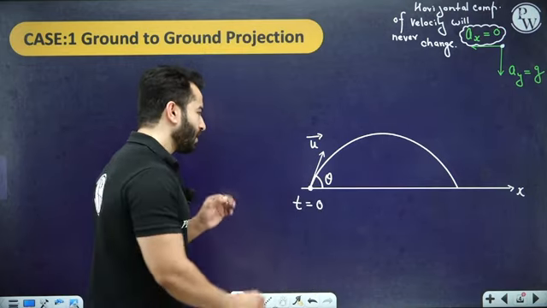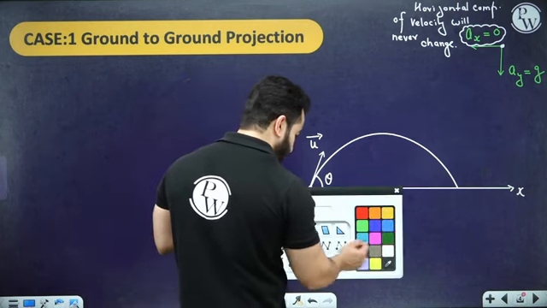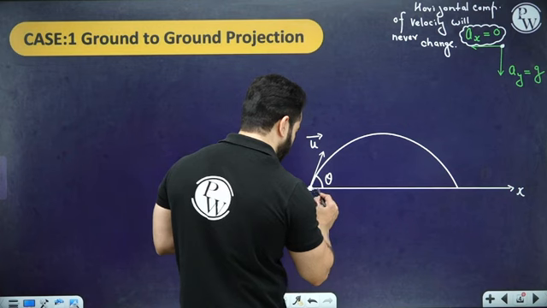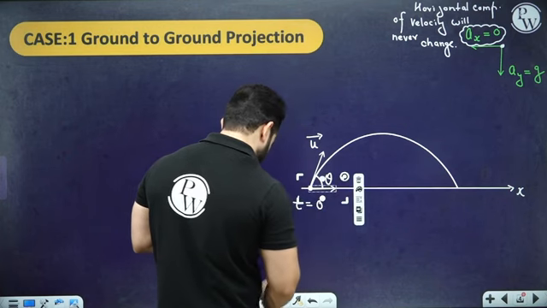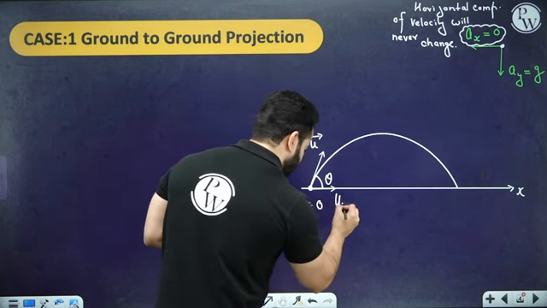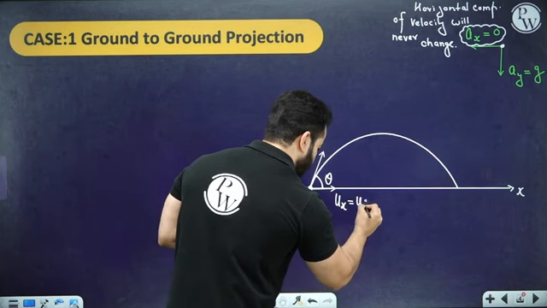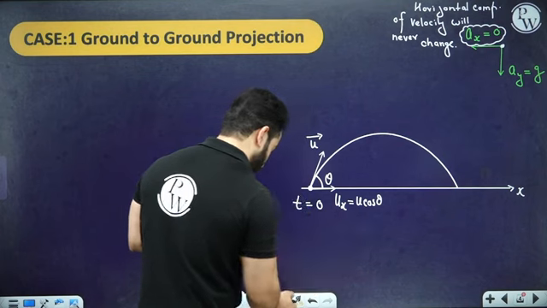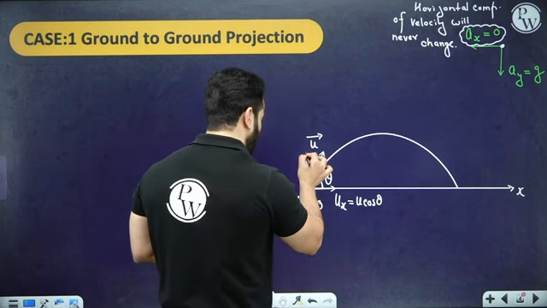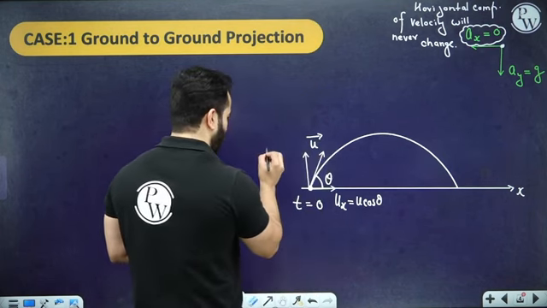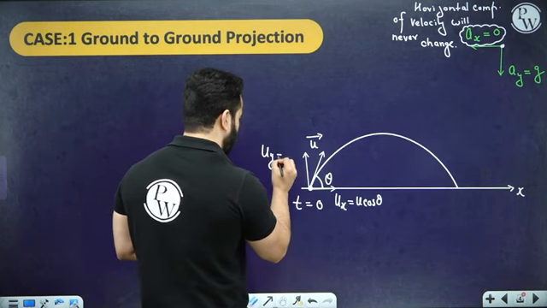Let's talk about it. As we have already discussed, this velocity has two components. One component we call ux or u cos theta. The other component is uy or u sin theta.